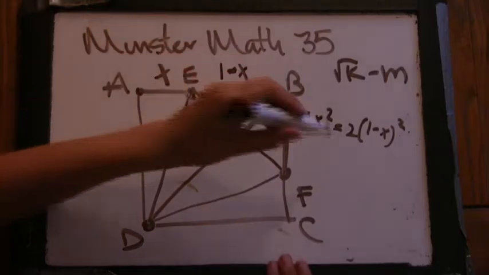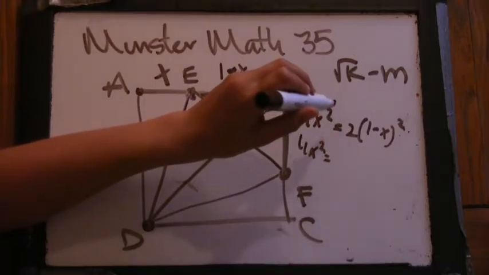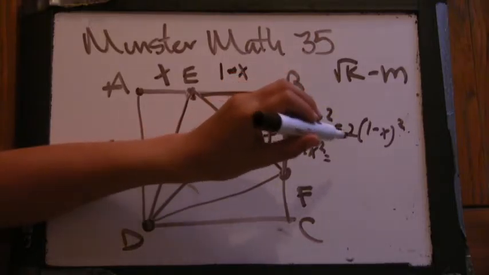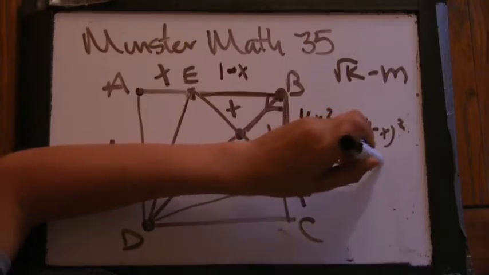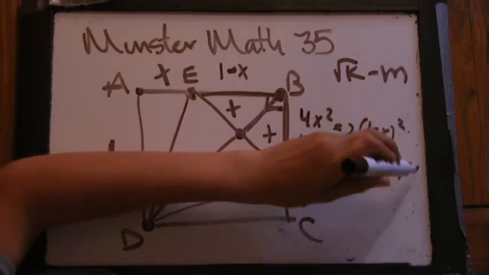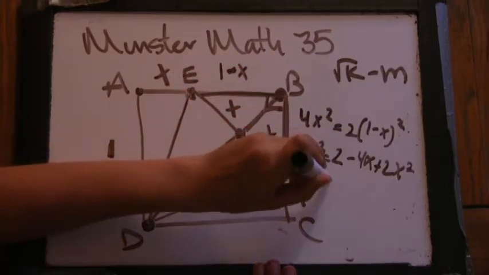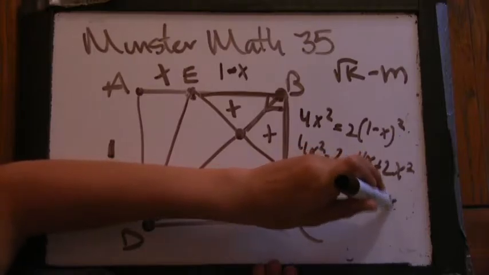So this would say 4x squared is, so 1 minus x squared is 1 squared minus 2x plus x squared. So it would be 2 minus 4x plus 2x squared. 2x squared is 2 minus 4x.